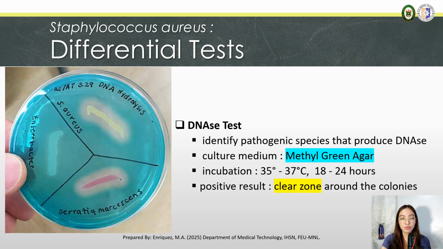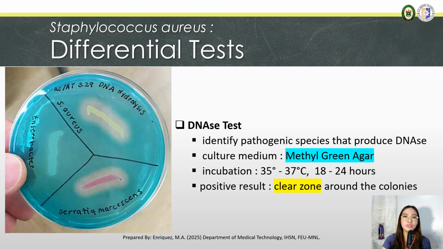The deoxyribonuclease test or DNase test is used to check if the pathogenic isolate can produce the enzyme deoxyribonuclease. Marami po kasing strains of Staph aureus are pathogenic, but not all of them can produce DNase, which is why we need to do this test.